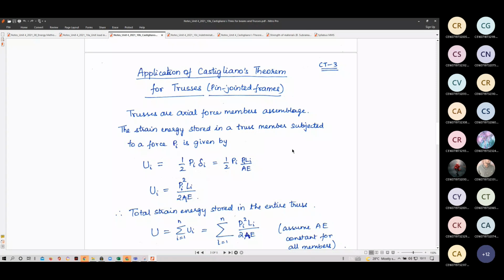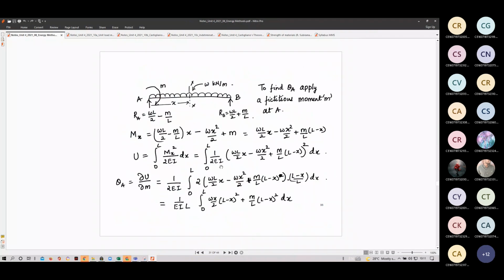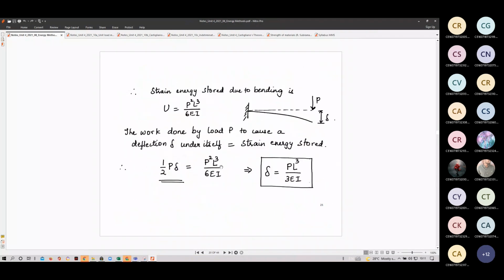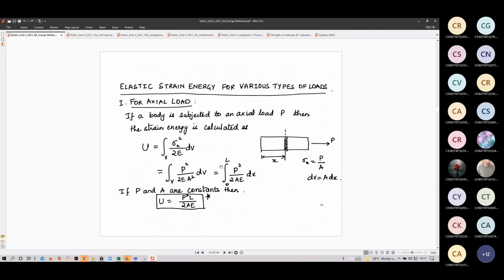Now, strain energy stored in a truss member subjected to a force P. If the member force is P, right? And I told you in the very first class, I asked you to remember this, that for a bar subjected to axial load P, the strain energy stored is P square L by 2AE.